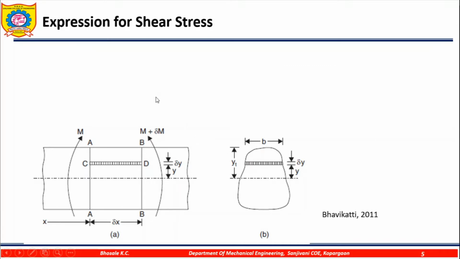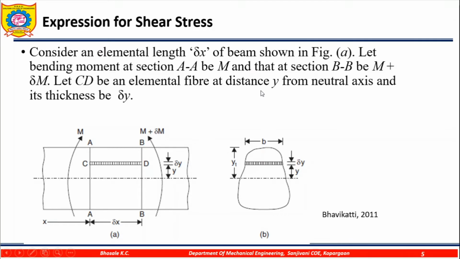Suppose that we have derived that for the bending moment. When we apply a load on any beam, the bending moment across the section will change. So consider an elemental length delta x of the beam as shown in the figure.